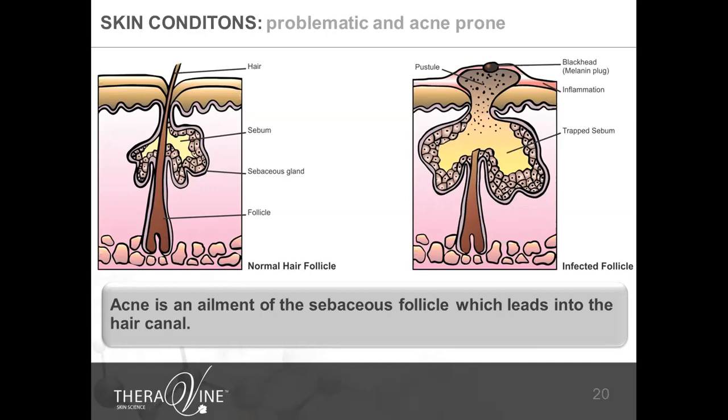Not everybody will have that, but there's just certain people who will have an enlarged sebaceous gland. So that means the skin is going to produce more sebum. Okay. So here you will see an enlarged sebaceous gland.